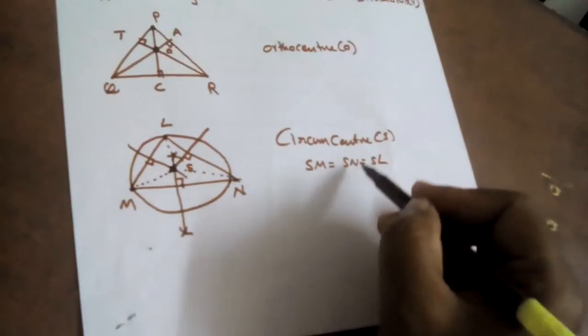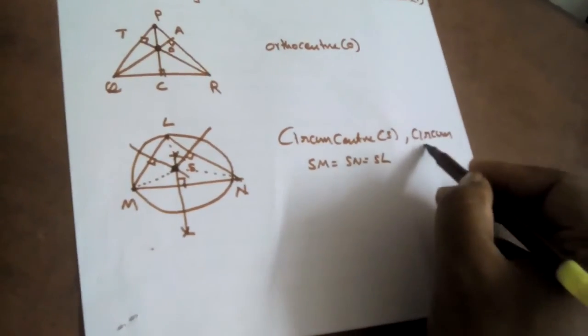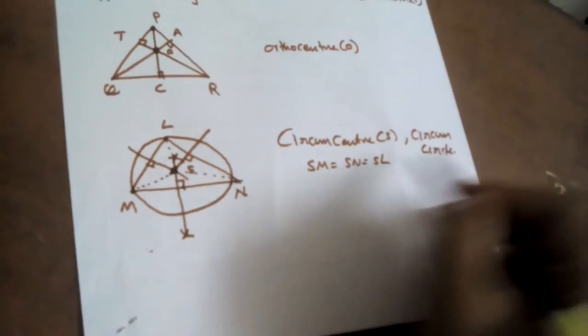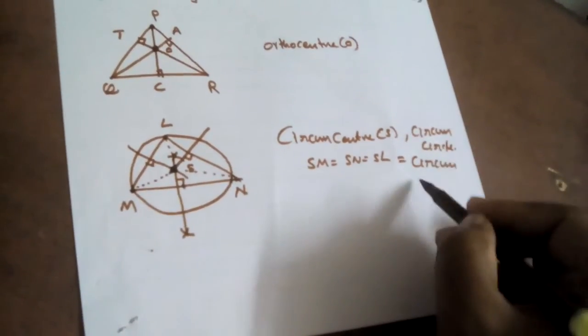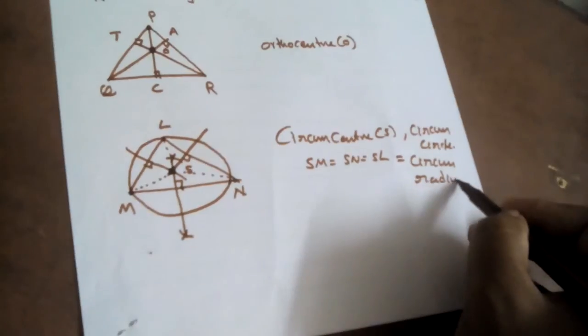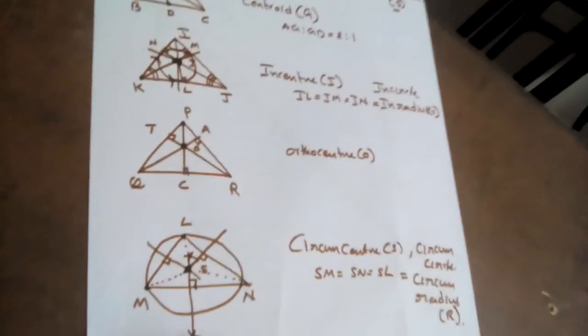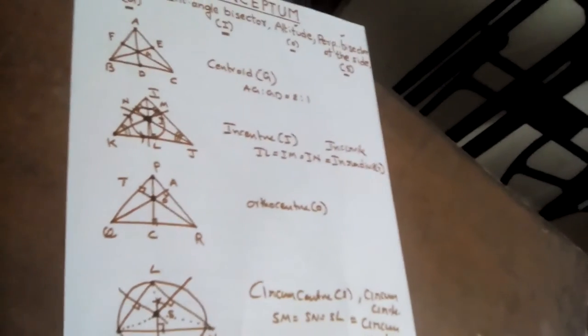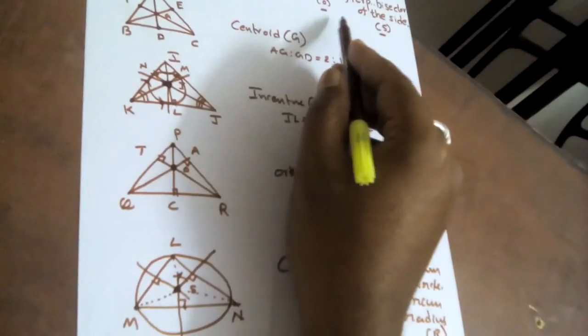This circle is called circumcircle, and this radius is known as circumradius, capital R. So this is the thing we are observing in centroid, incenter, orthocenter and circumcenter.